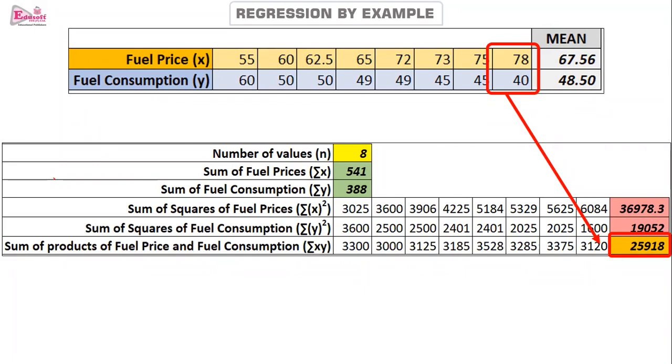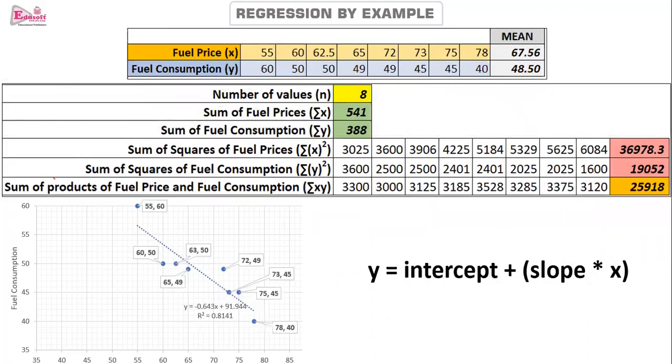These values will help us in reaching the prediction of the next variable Y if X is 100. As you see here, the formula for predicting variable Y is intercept added to the multiplication of slope and the new value, that is rupees 100.